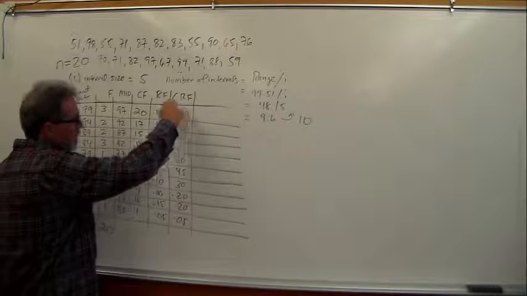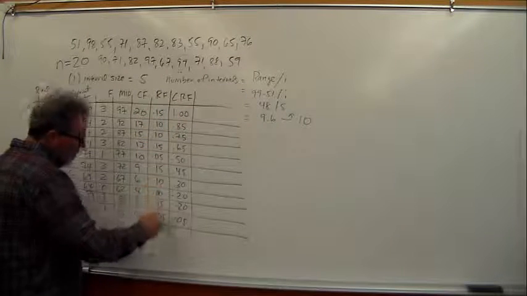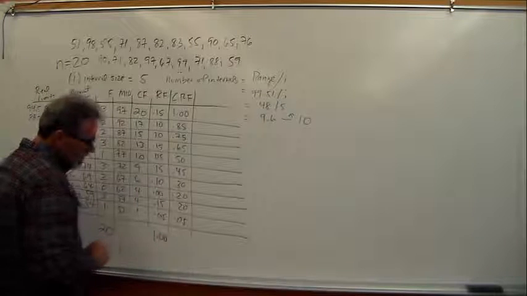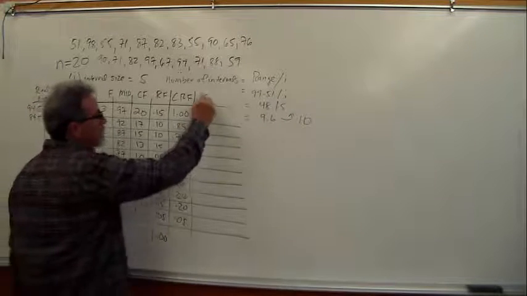The cumulative relative frequency at the top should be about 1, because if you add all of these relative frequencies up, they should equal 1.